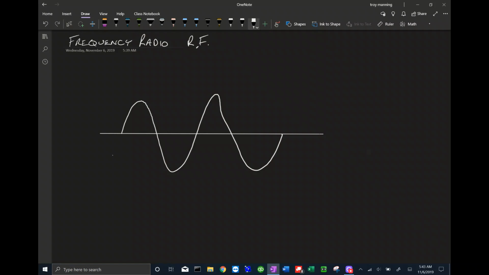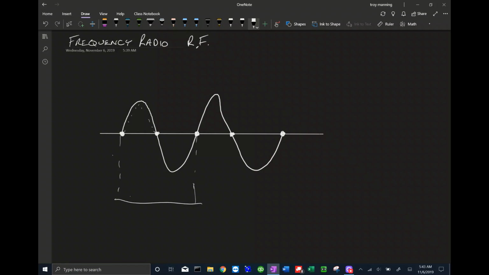But anyway, say we take our frequency here, right? And from here to here, this distance for us to go up to max and back to zero, because these are the nodes here, this is what they call them, where we cross that center line.